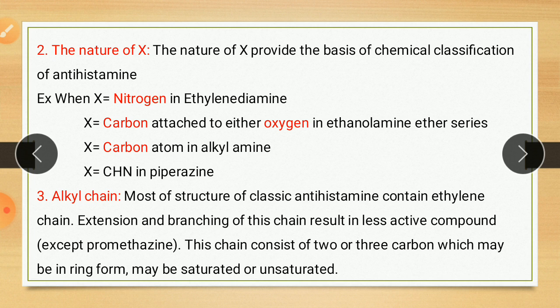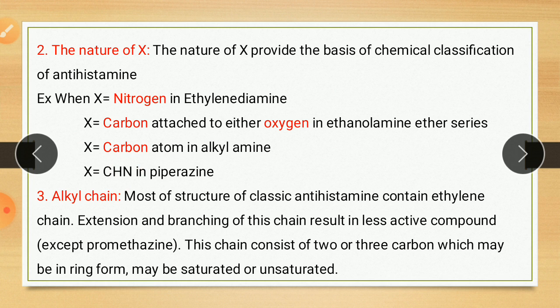So depending upon this connecting atom, that is X, there are various classes of antihistamines. When X equals nitrogen, it is the ethylenediamine class. In ethanolamine ether, X equals carbon attached to oxygen. In the alkylamine class, X equals carbon, and in piperazine derivatives, X equals CHN. Then the third one is the alkyl chain. Most classic antihistamines contain an ethylene chain, CH2CH2.